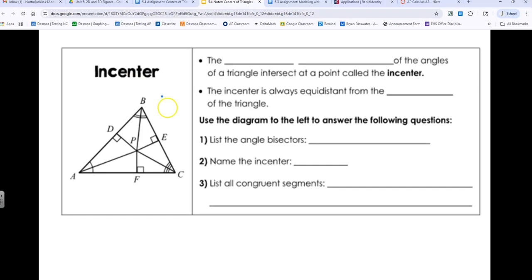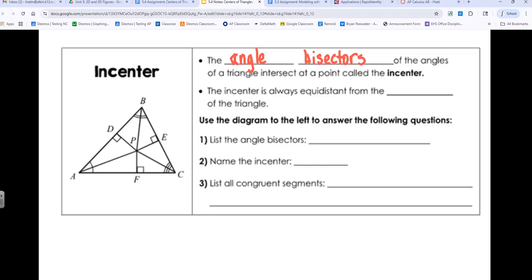Okay, next we're going to look at the incenter. So the incenter is going to be where the angle bisectors intersect. What is an angle bisector going to do?